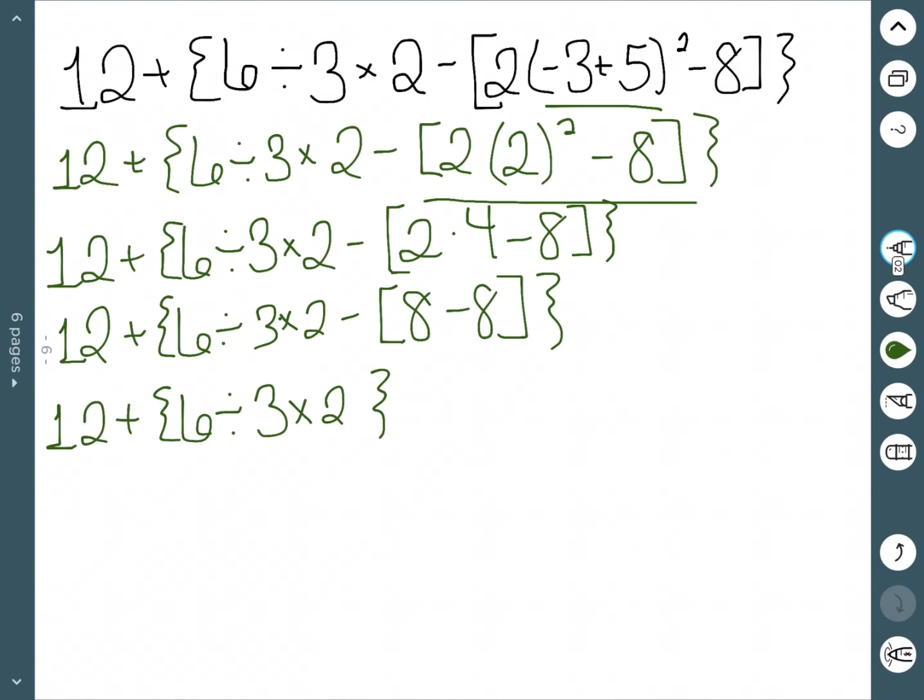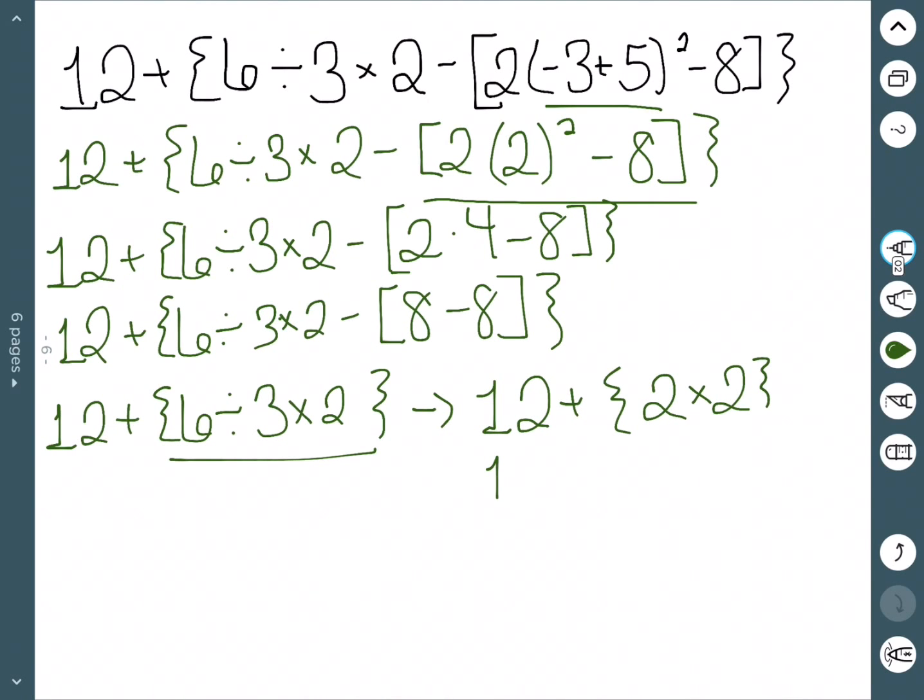The next step would be to do our next grouping operation, which is our final one. We need to multiply and divide left to right. So we start by doing 6 divided by 3 to get 2. 2 times 2 is then 4. And 12 plus 4 is 16.